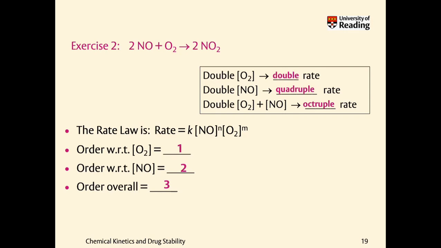So we've now replaced that proportionality sign, and so we have now introduced a constant known as the rate constant. So our rate law is that the rate equals k times the concentration of nitric oxide squared times the concentration of oxygen.